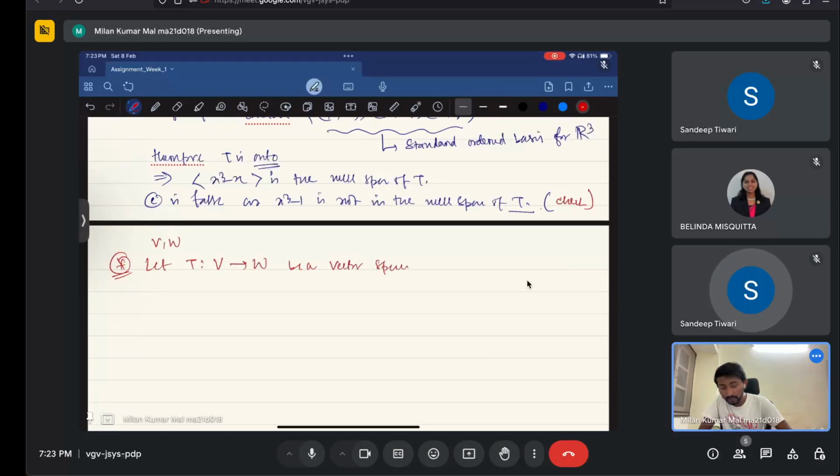Let V and W be two finite-dimensional vector spaces, though to define an inverse we don't actually need finite dimensionality. So let V and W be vector spaces over the same field, and T be a linear transformation. Then T is said to be invertible.